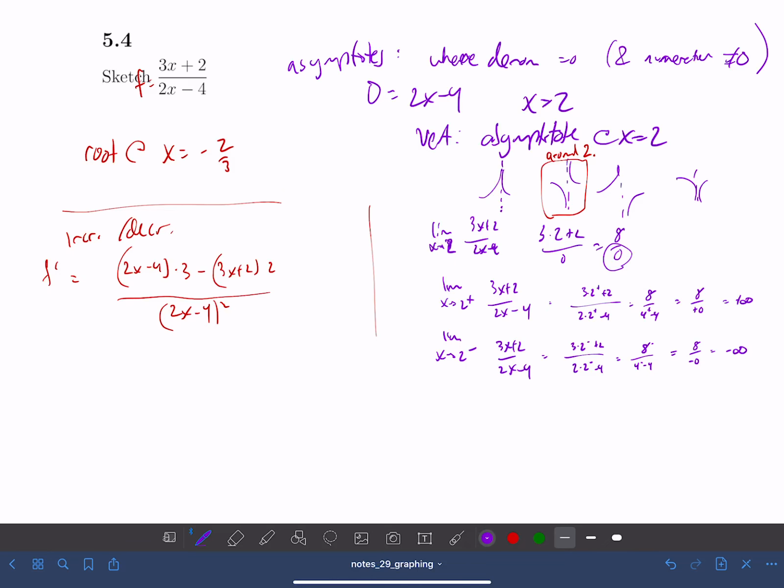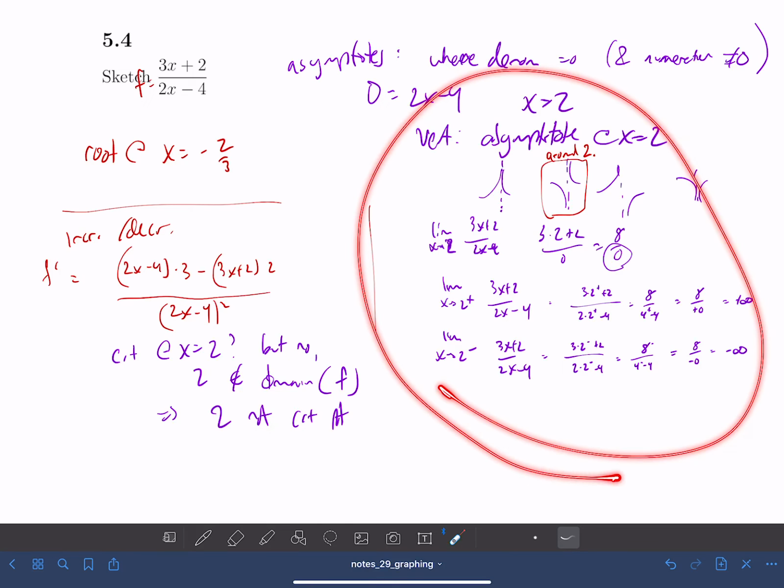Okay, so checking out this thing right here, it looks like I'm going to have a critical point at x equals 2, but no, 2 is not in the domain of my function f, so 2 is not a critical point. And that's more or less because of this.